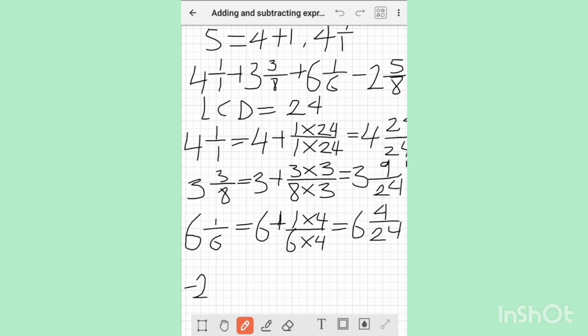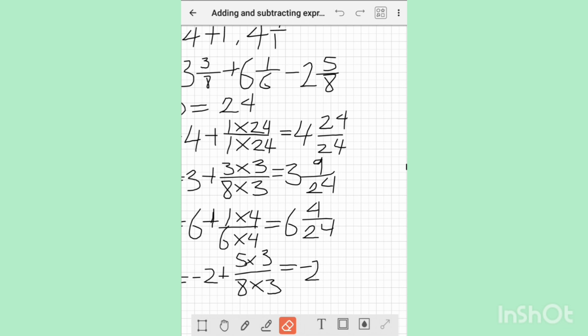We have negative 2 whole 5 out of 8, equals negative 2 plus 5 multiplied by 3 over 8 multiplied by 3. So this is now negative 2, 5 multiplied by 3 is 15, all over 24.